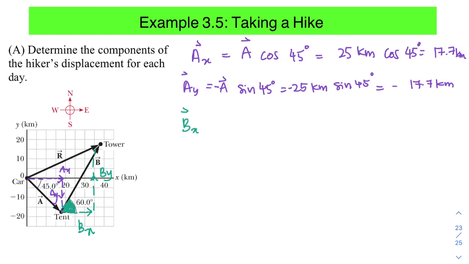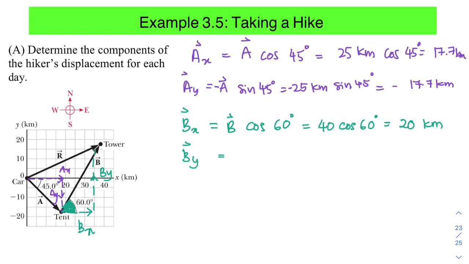Okay, so for BX is B cos 60, which is going to give you 40 cos 60 equivalent to 20 kilometer.